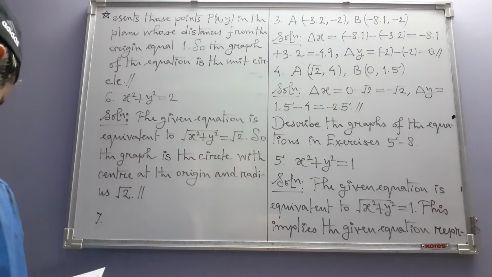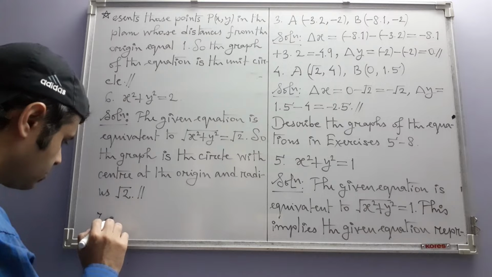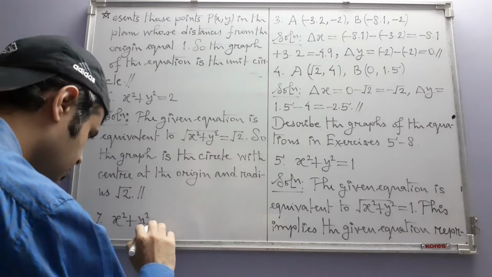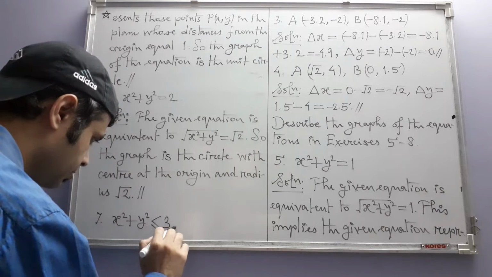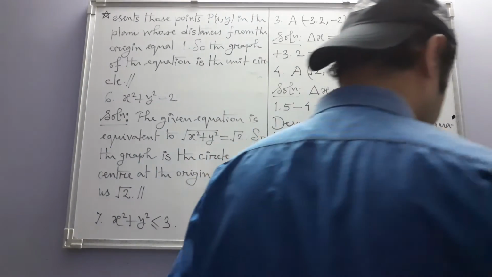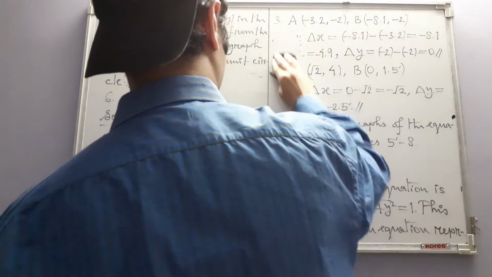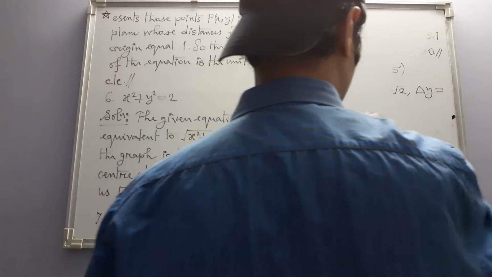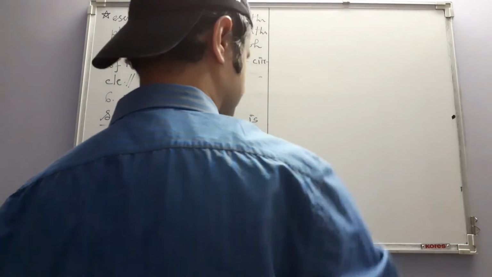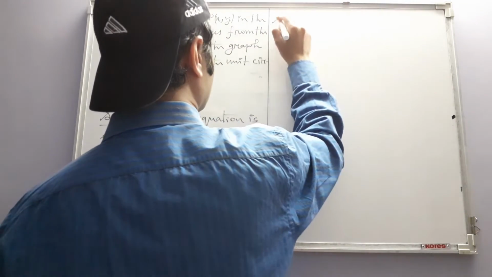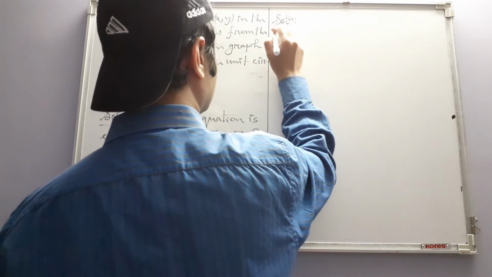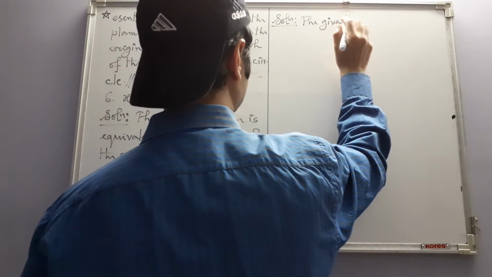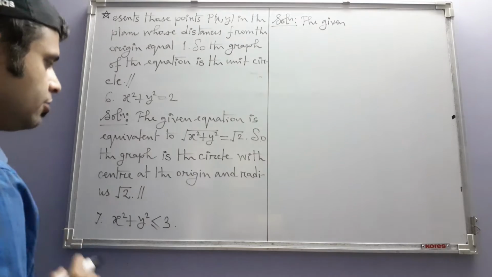And the seventh one: x square plus y square is less than or equal to 3. We should not write equation here, it's an inequality.